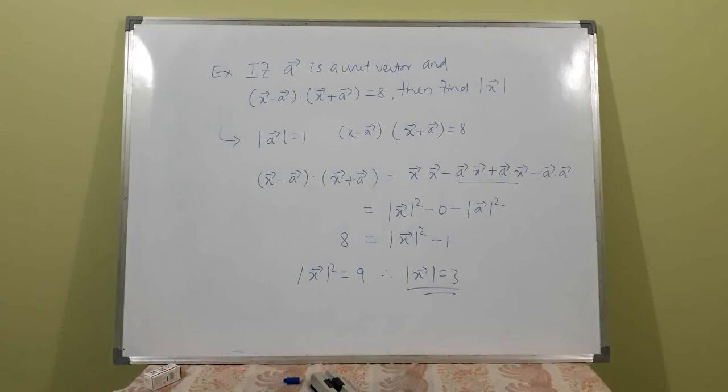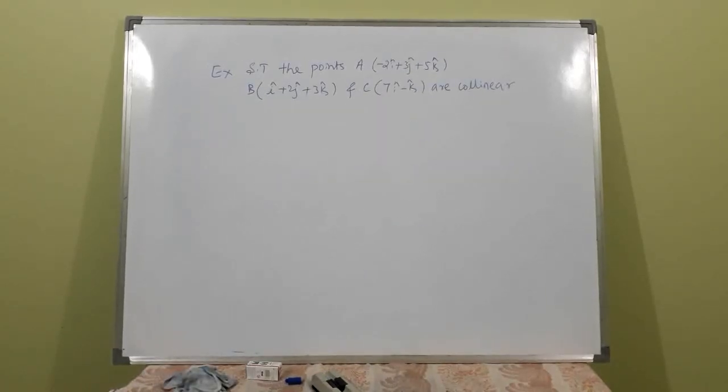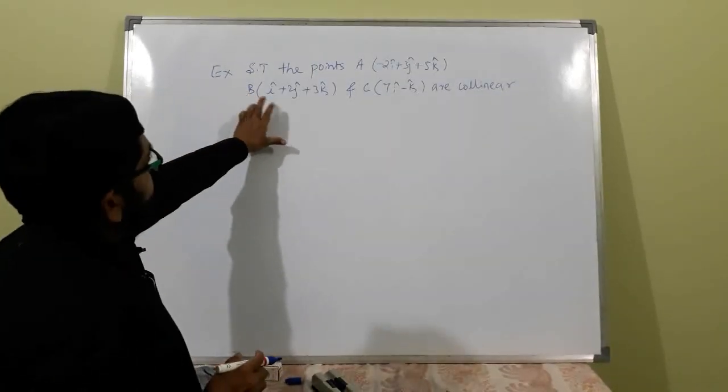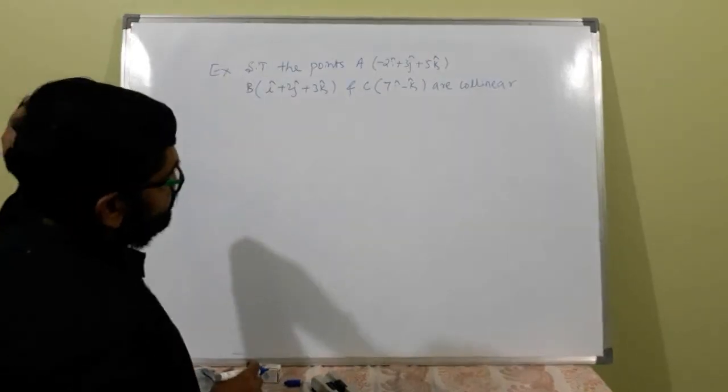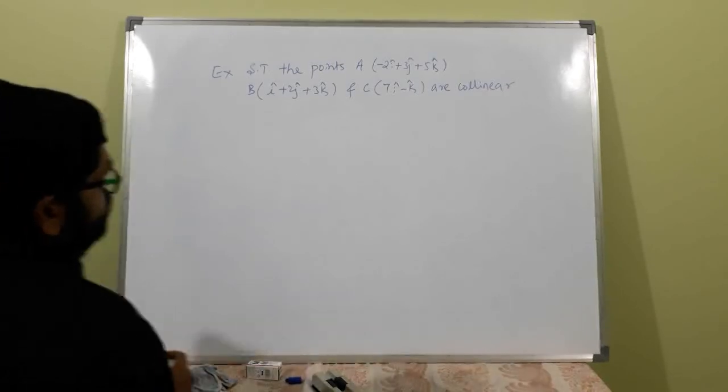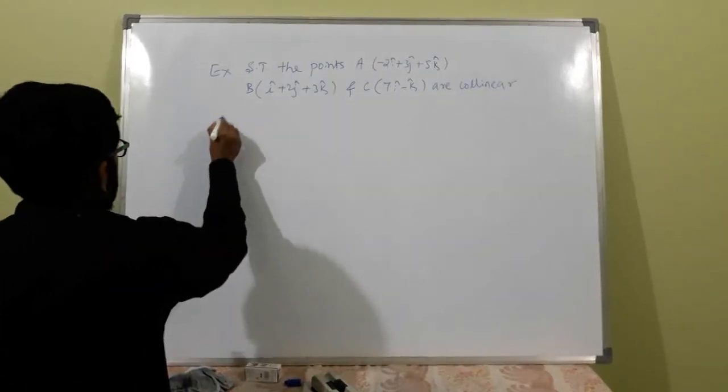Next, show that the points A, B, C are collinear. Here you have to find the sides AB, BC and AC. How to find vector AB?